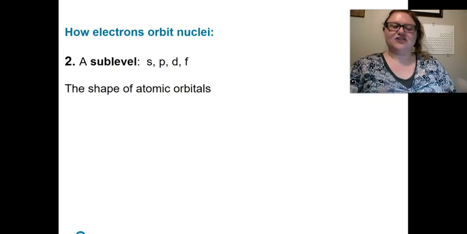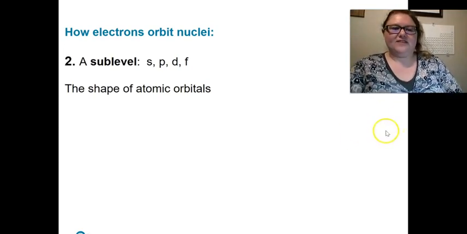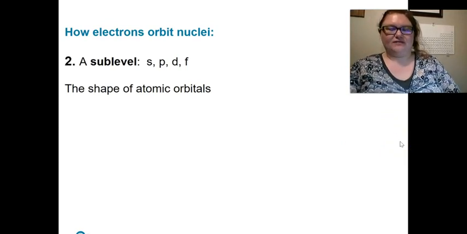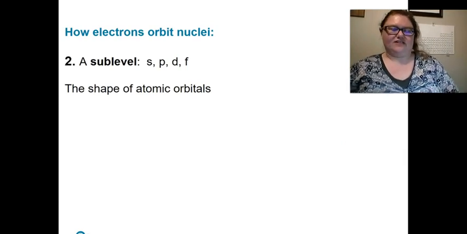So the initials were kept, but the terms were not. So this describes the shape of the orbital where we find these electrons. So this is within an energy level, we have these different sublevels.